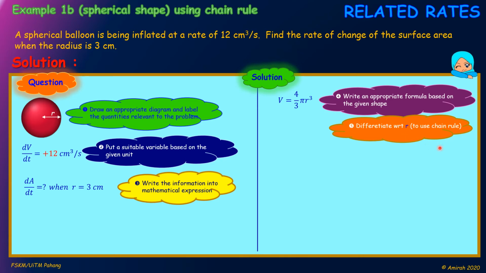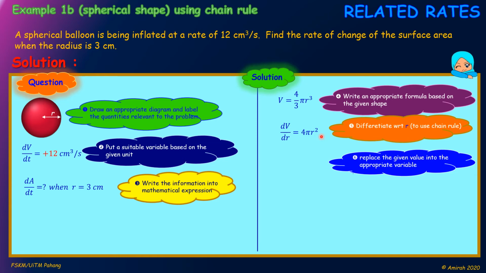But with the chain rule, we differentiate with respect to the given variable, which means we differentiate with respect to r here. So we have dV over dr equals 4 pi r squared, and at the back we actually have dr over dr, but dr over dr equals 1, so there is no need to write it.